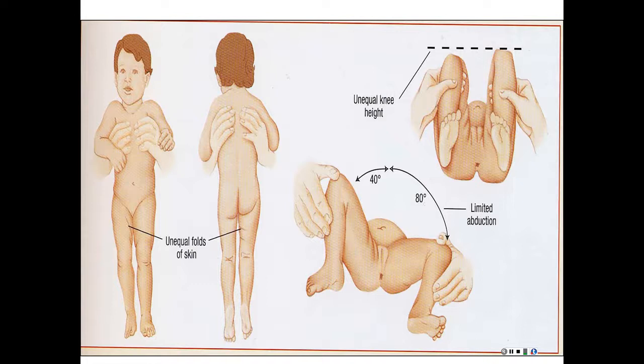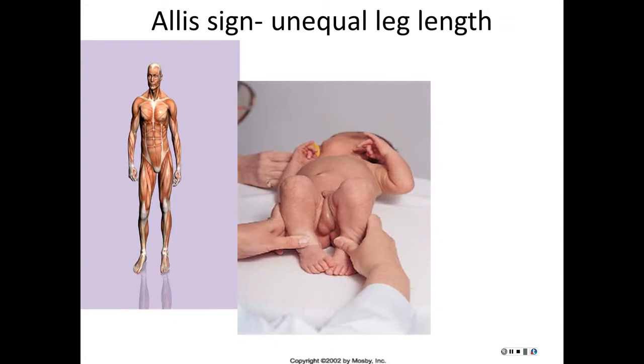The other thing is, this is the same baby standing up that you see on the left, and you see on his right leg, or her right leg, there's more gluteal folds on the right side than on the left, both anteriorly and posteriorly. That's a clue. That leg is the one that needs the lift because it's shorter. Okay.